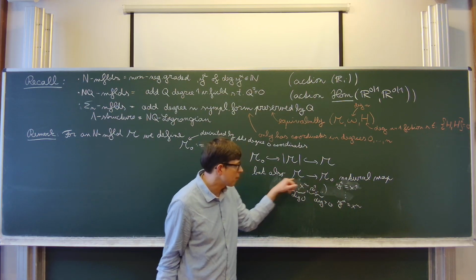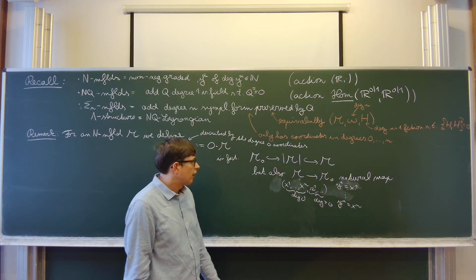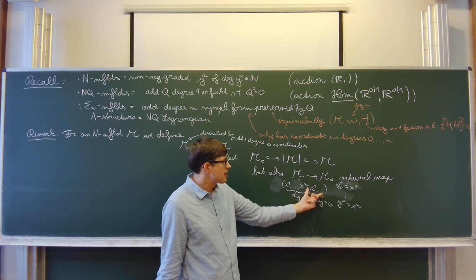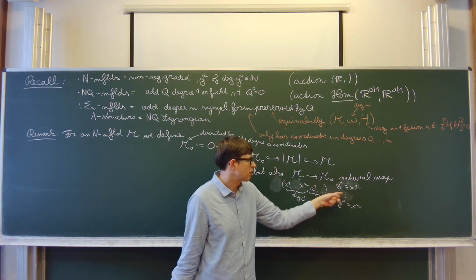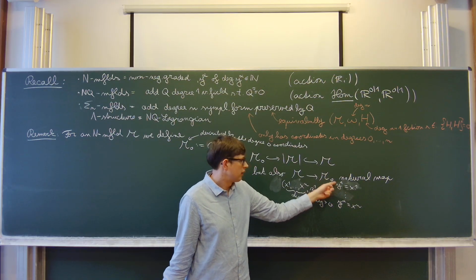This assignment defines the map that goes in this direction. And I cannot throw in any of the z's because the degrees will not match. This needs to have the same degrees on the right and left, and these are degree 0.